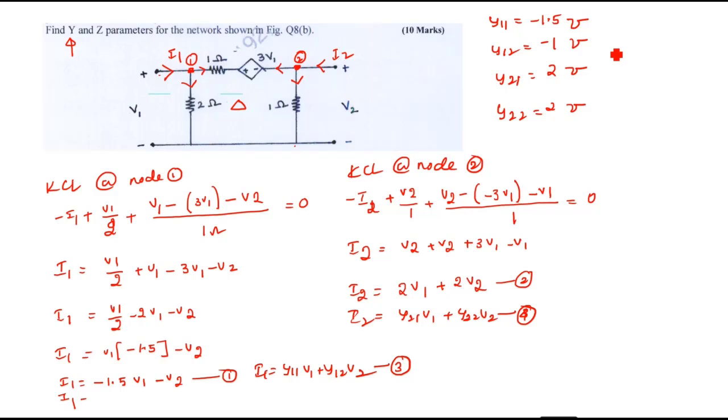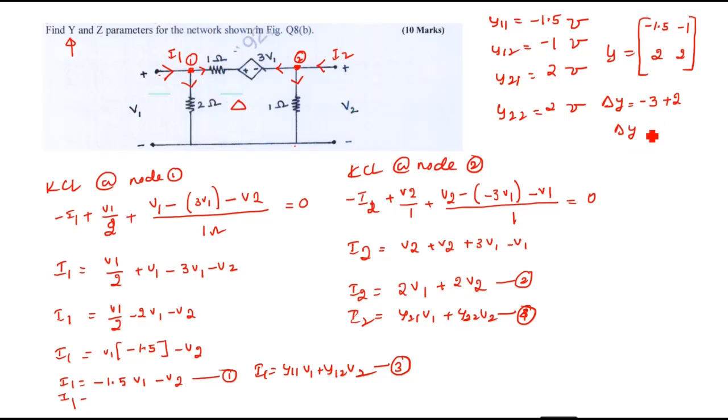Then I will write all these equations in matrix form: minus 1.5, minus 1, 2 and 2. Let us calculate the determinant of y. Minus 1.5 into 2 is minus 3. Minus into minus is plus, 2 into 1 is 2.